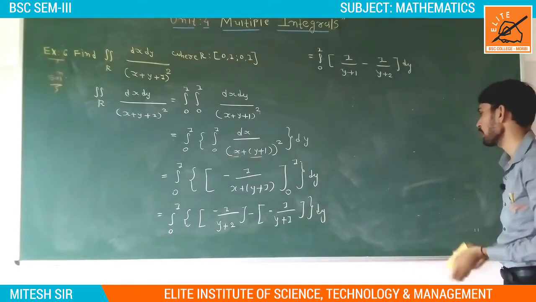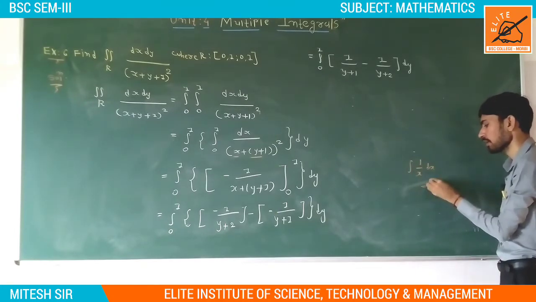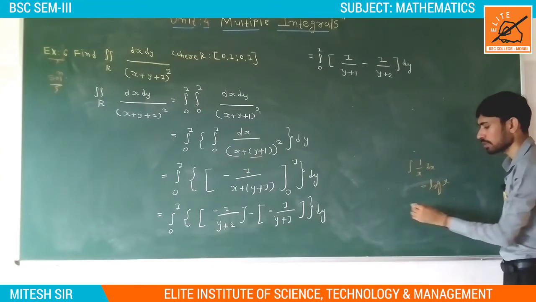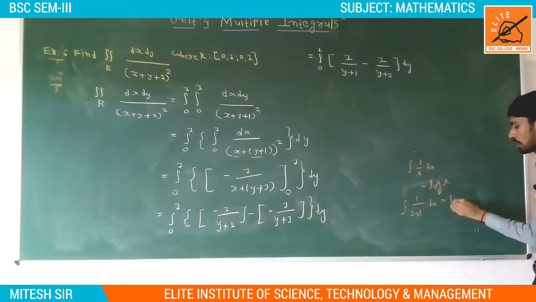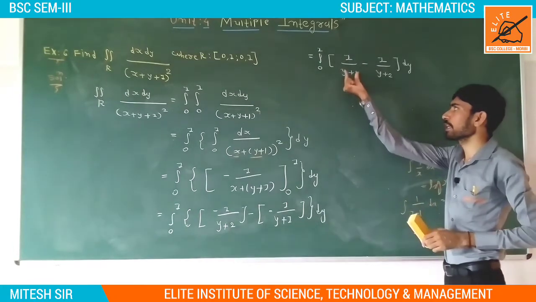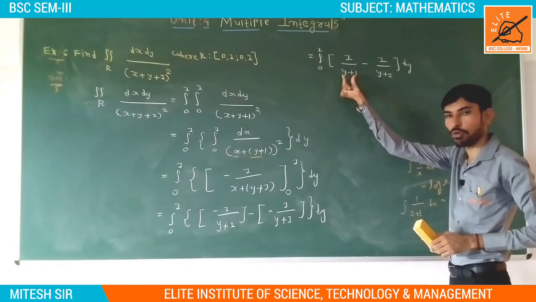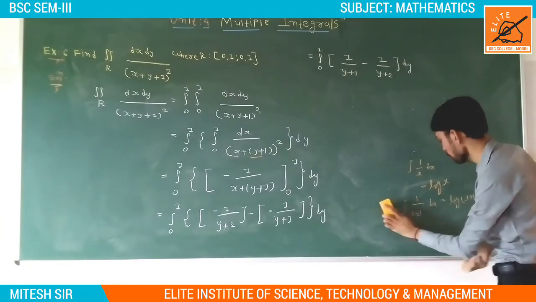As we know, the formula of the integration of 1 upon x dx is log x. Similarly, integration of 1 upon x plus 1 dx is nothing but log x plus 1. So similarly, here integration of 1 upon y plus 1 is nothing but log y plus 1, and integration of 1 upon y plus 2 is nothing but log y plus 2.